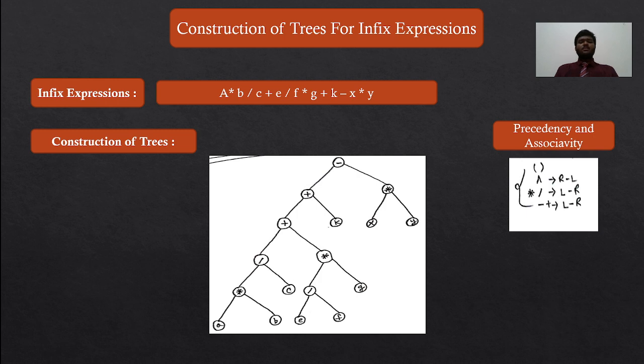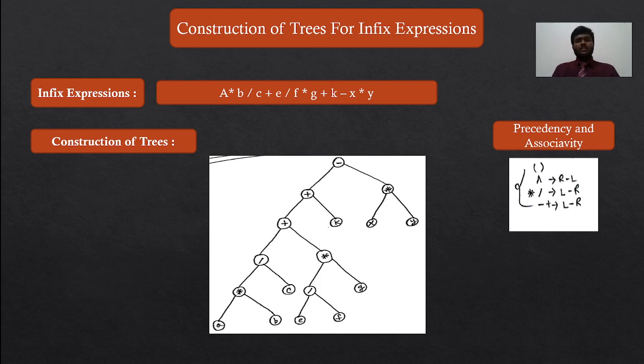If we consider the plus as root, its right child is k and its left child is plus, according to precedence and associativity rules.